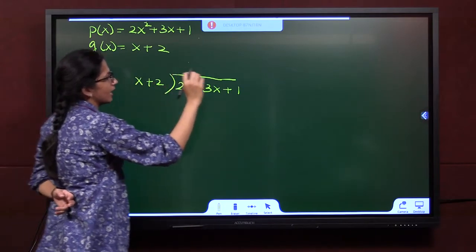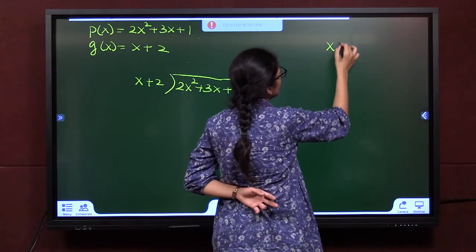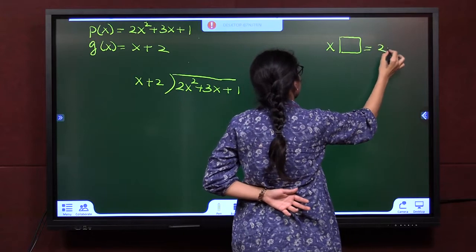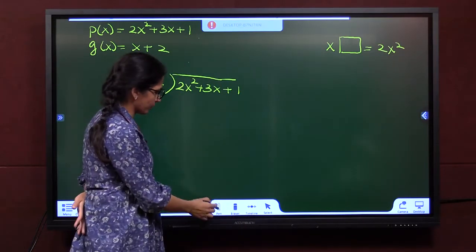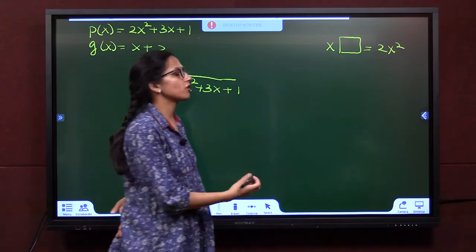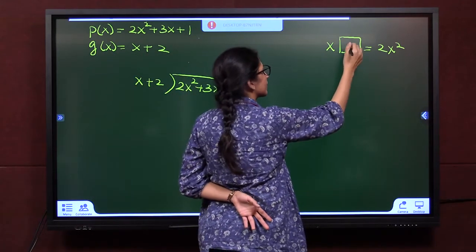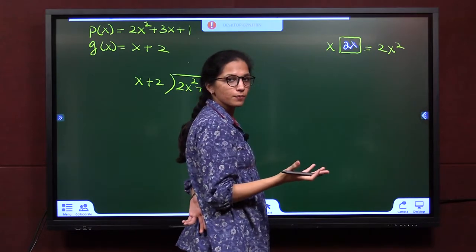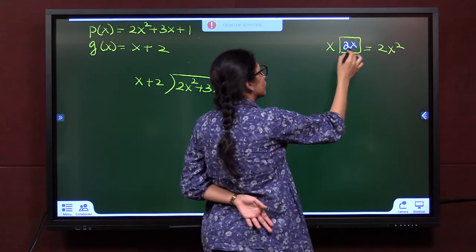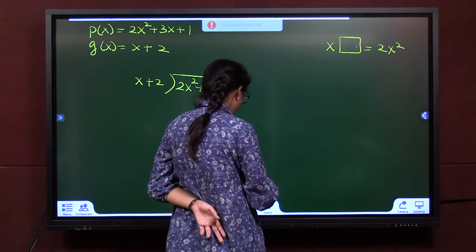That's all. x into what will give me 2x square? Different people solve it with different techniques. See, if you can guess and say 2x, very good. x into 2x gives me 2x square. Let us say you cannot guess. Then what to do?